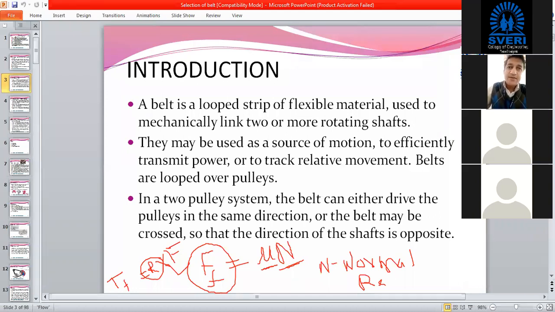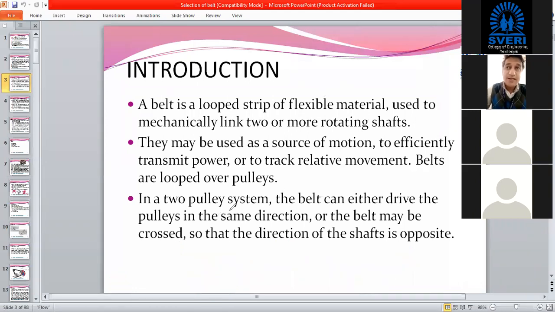Okay, in some applications these belts may not be closed, or they are not manufactured as a closed belt. By means of some external material we have to close them. For example, you might have seen such applications where flat belts are used, and they are not manufactured in a single piece.